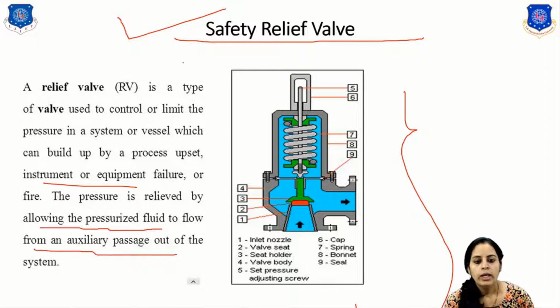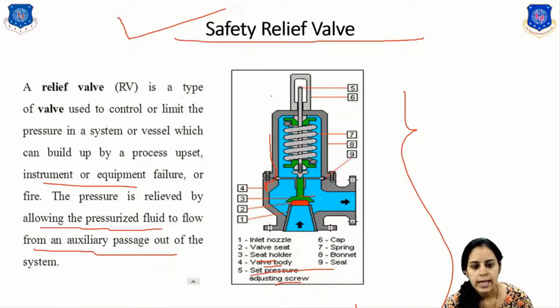Here on screen you can see number 1, the inlet nozzle. Then the valve seat. Then number 3, a seat holder. Then 4, the valve body. Then 5, a seat pressure adjusting screw.